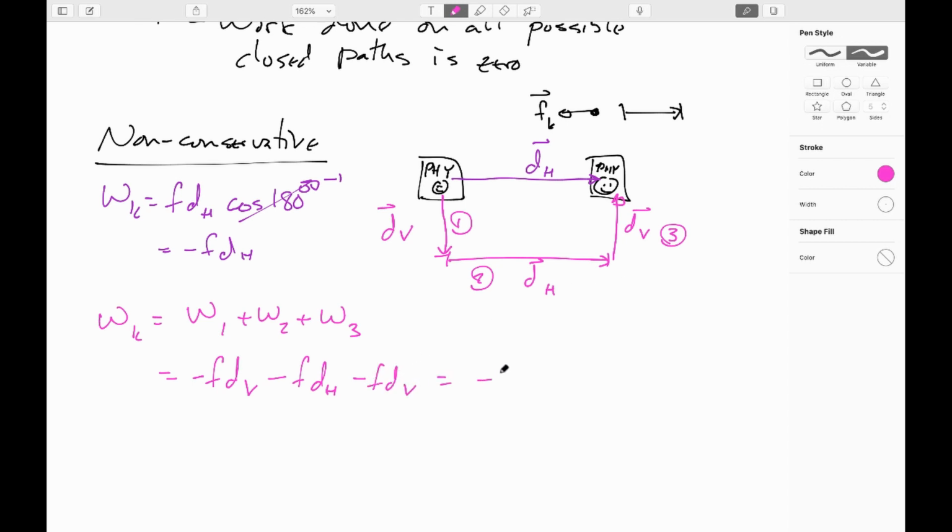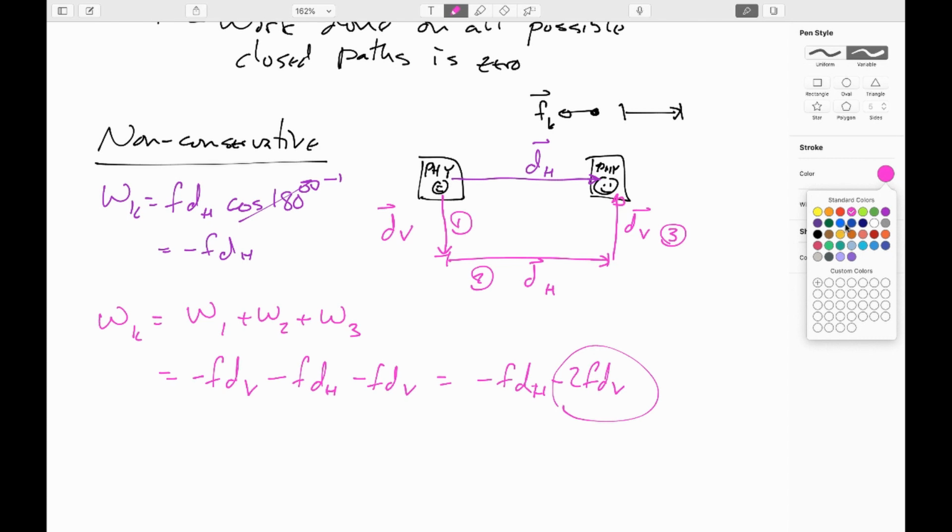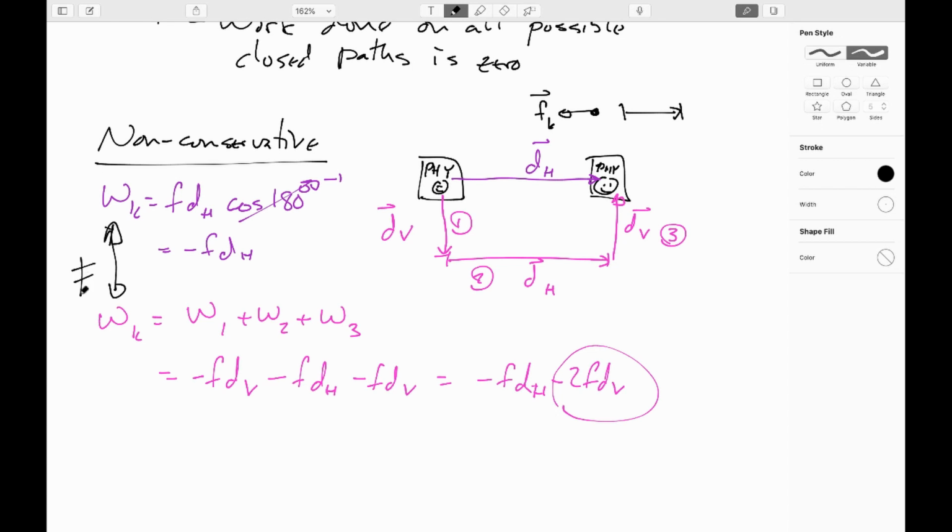So this is equal to minus f d horizontal minus 2f d vertical, which is equal to what we found in the purple part with this extra minus 2f d vertical. So what we get is that the work done between these 2 paths is not equal.